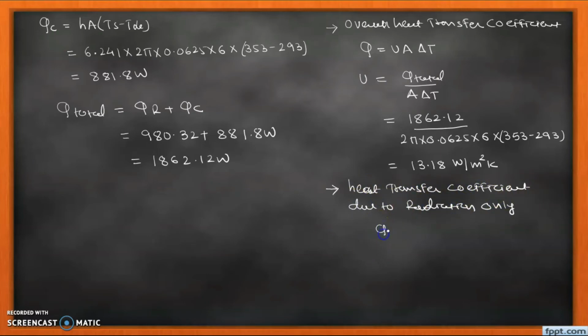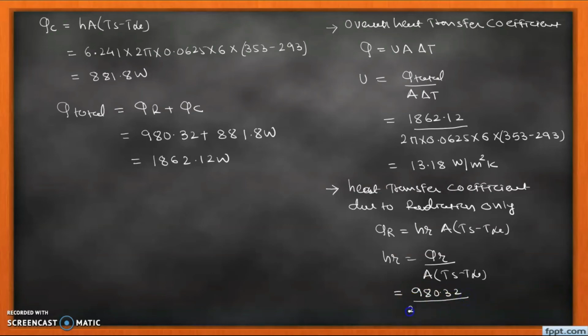So here Q radiation equals hR into A into (Ts minus T infinity). So we know that the value of hR becomes QR divided by A(Ts minus T infinity). And the value of QR is 980.32.